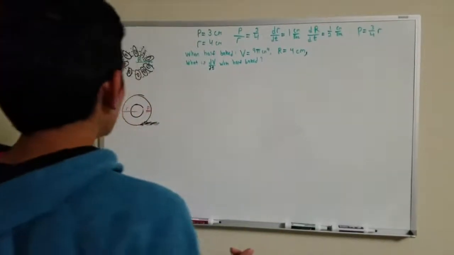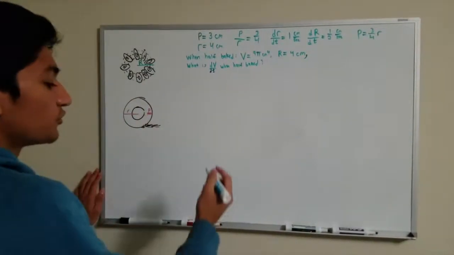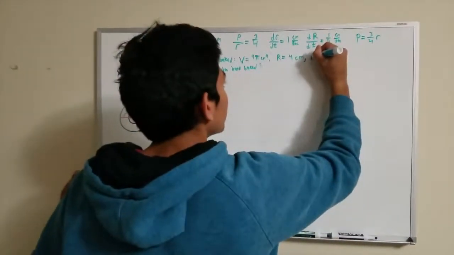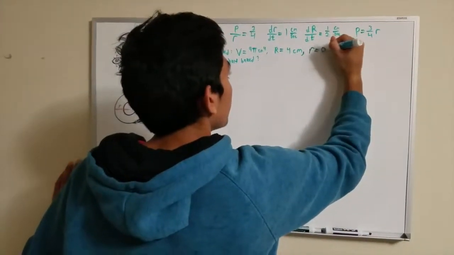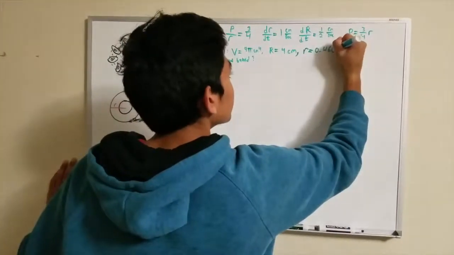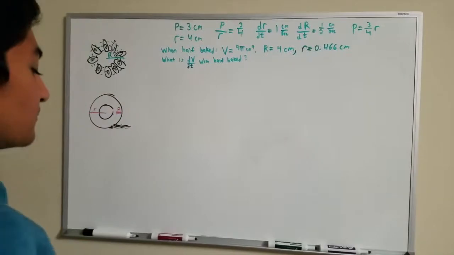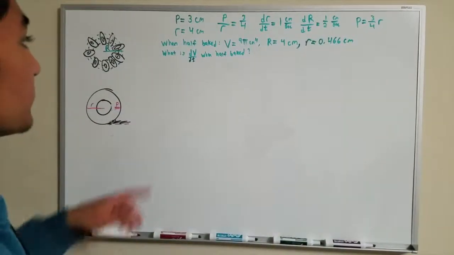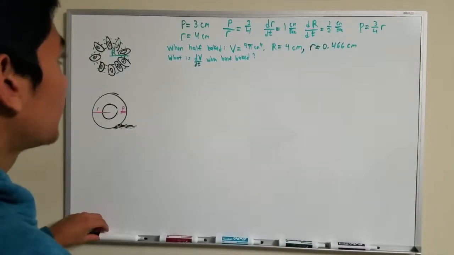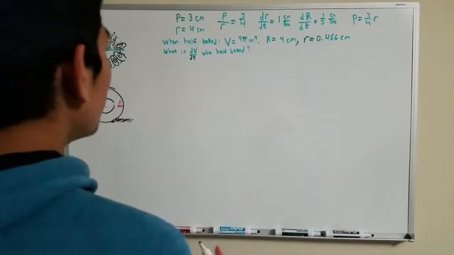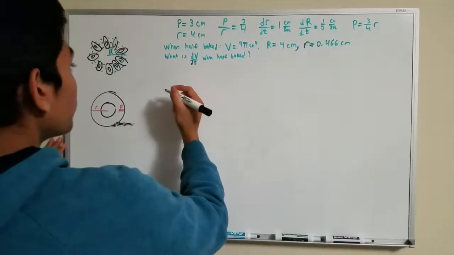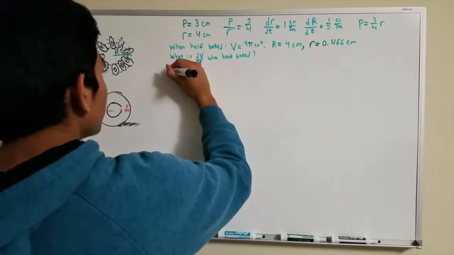Okay, so now we know that the major radius of the base donut, which we represent with lowercase r, is equal to 0.466 centimeters when the die torus is half-baked. So now we want to find the change in volume with respect to time at the moment when the die torus is half-baked. So we can start off using the volume formula that we calculated earlier.